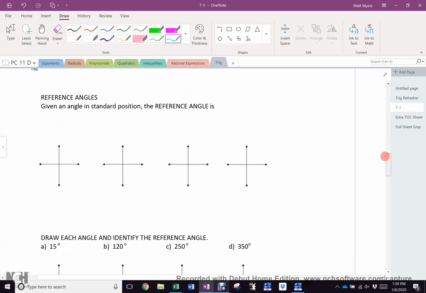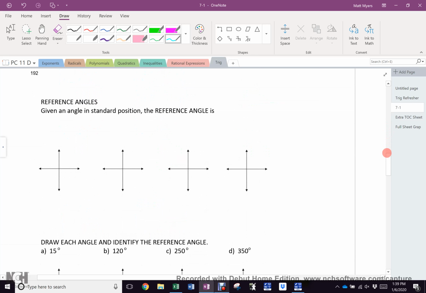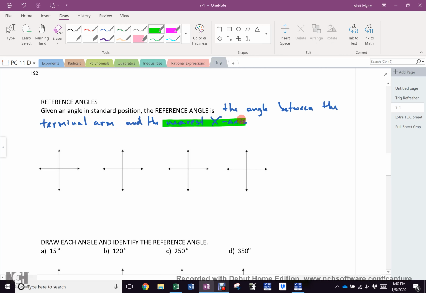Page 192. Reference angles, new word. If you have an angle in standard position, of which we have done all of these, yes? The reference angle is the angle between the terminal arm and the nearest x-axis. And please highlight nearest x-axis.